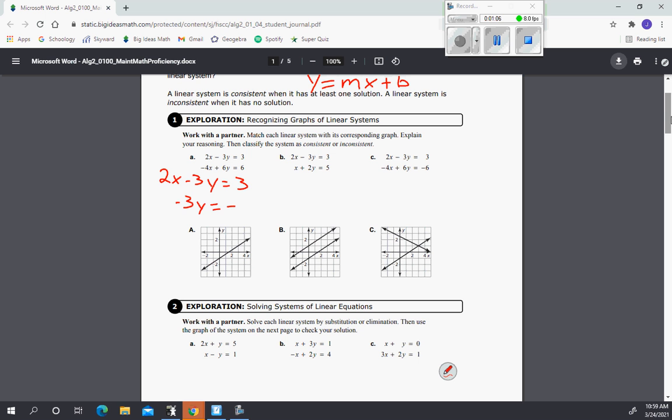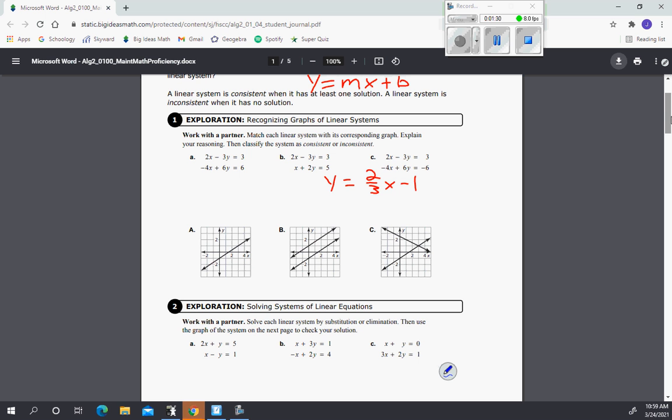To do that, I just have to subtract the 2x over, and then I have to divide by that negative 3. Okay, so the first one is y is equal to 2/3 x minus 1. That's that first equation.